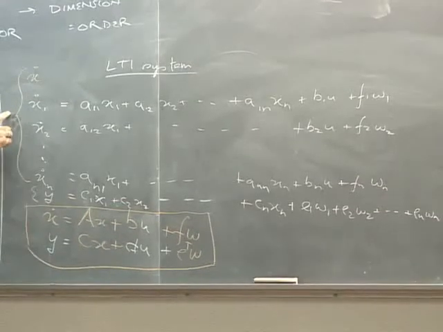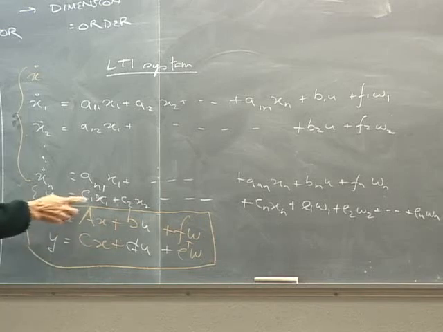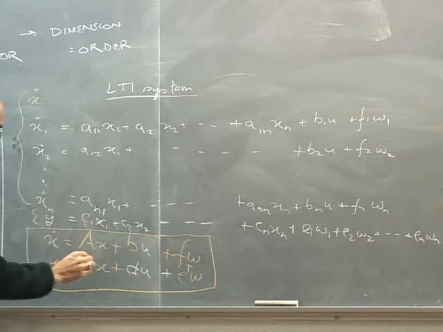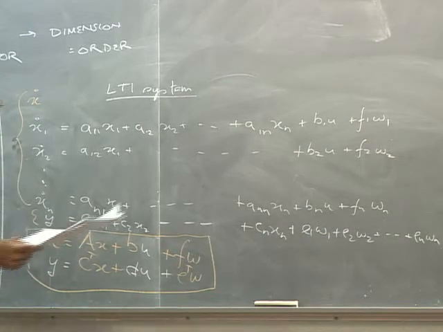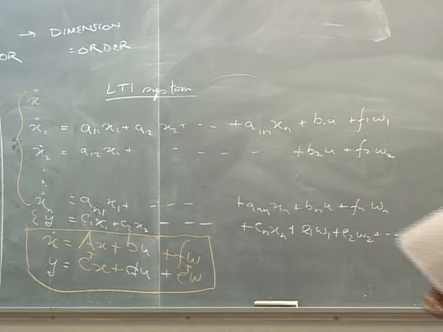I'm talking about the vector C, this one. I guess it should be C transpose. Exactly, sorry. That's a typo in the book as well.